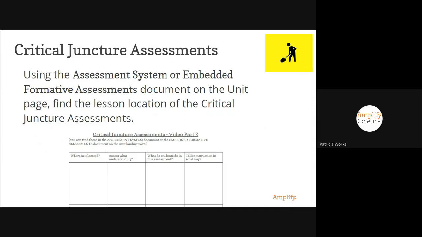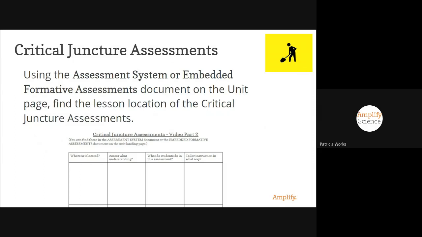And on page 2 of your participant pages, you'll write down the location, which lesson the different critical juncture assessments are located in. And then when it says assess what understanding, you may want to copy down that critical juncture 1 assesses progress build 1 and write down what that progress build 1 idea is.